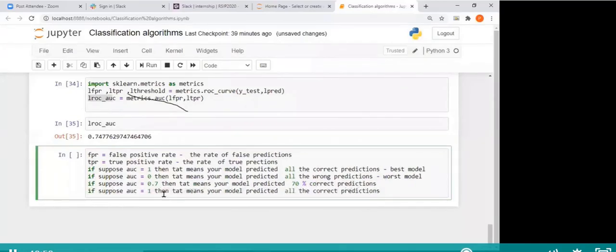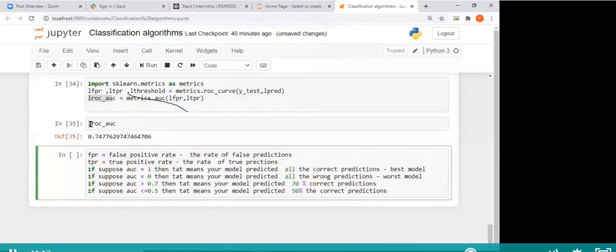If suppose it is less than or equal to 0.5 and in the middle of 0.7, then that means only 50% of the data is correctly predicted.